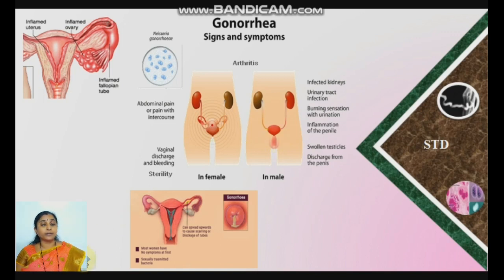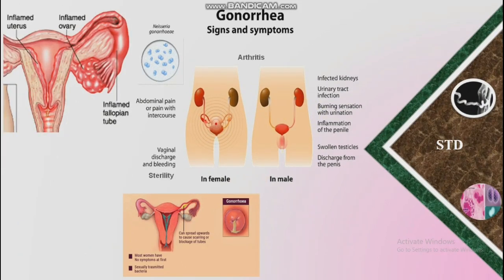Now what are the symptoms found in male and female? These are the symptoms of gonorrhea. See here, thick vaginal discharge, continuous discharge from the vagina due to the infection caused by the Neisseria gonorrhoeae bacterium.